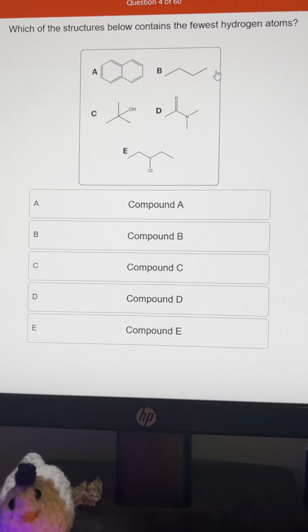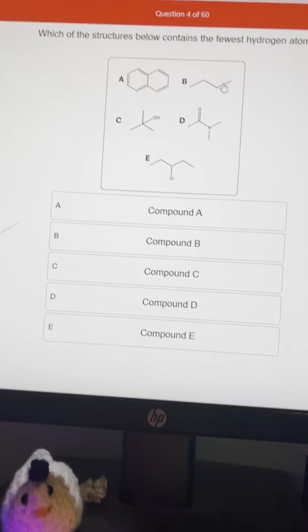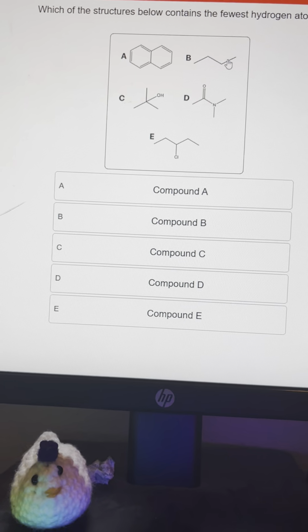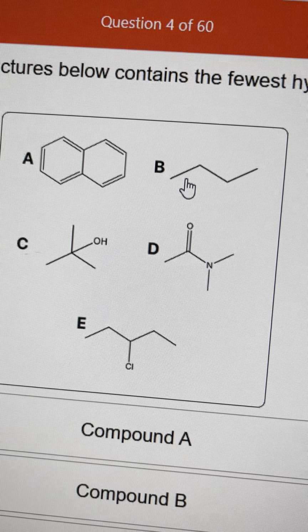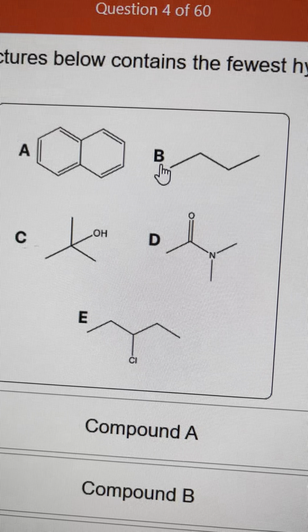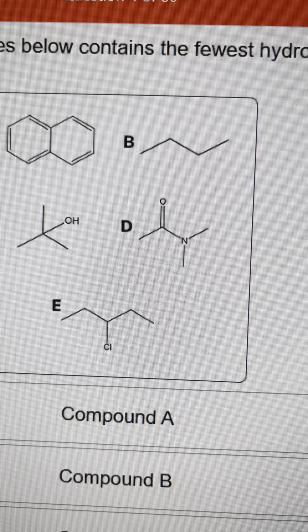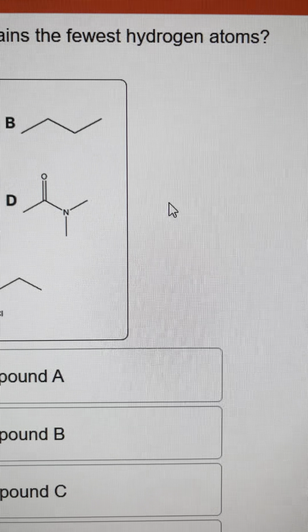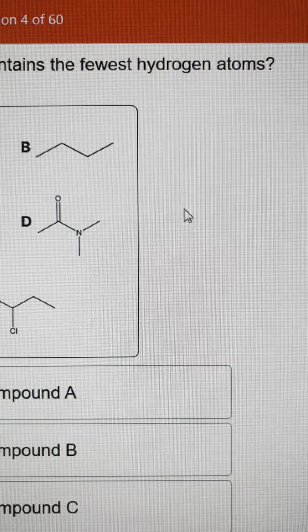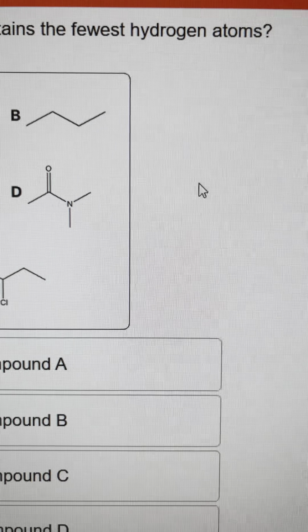So when looking at organic compounds, we're working with the line formula here. Remember, carbon can bond with four atoms because it wants to have 8 valence electrons and only has 4 valence electrons, so it can bond with 4 different atoms.